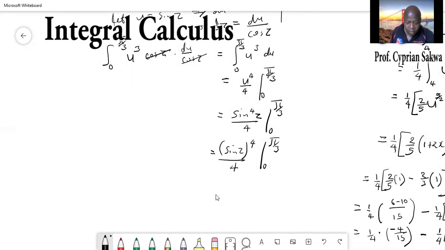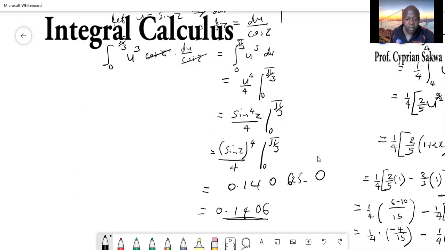And what I'm getting is 0.140625, then minus sine of 0. You can just use your calculator, but if you know them offhand, there's no problem. Sine of 0 will be 0. So that means that our answer remains to be 0.1406, since we are told to do it to 3 decimal places.